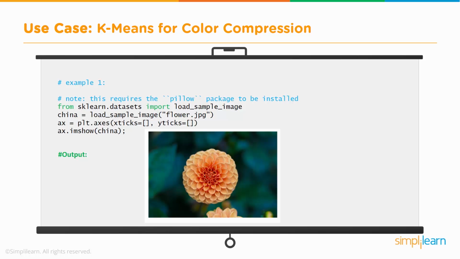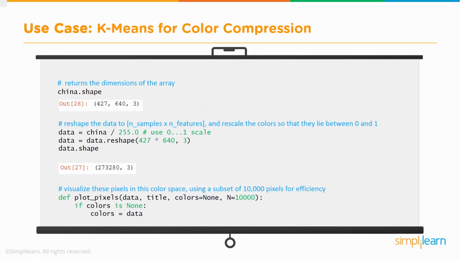So before we go into the Python notebook, let's take a quick look at the code. As usual, we import the libraries and then we import the image, and then we flatten it. The reshaping is basically this: the image information is stored in the form of pixels, and for example the image is 427 by 640 with 3 colors, so that's the overall dimension of the initial image.